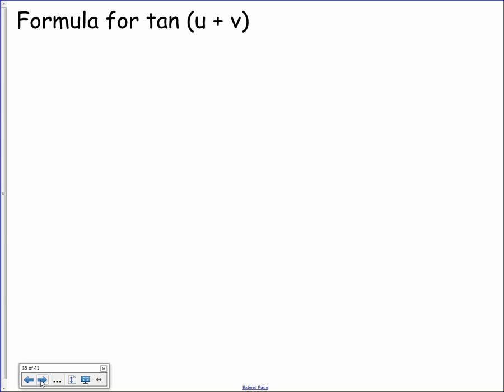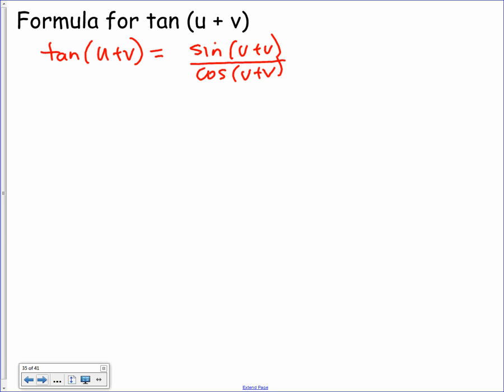What's the formula for tangent of u plus v? I'm going to say this is tangent of u plus v. And tangent is simply just the sine of that angle divided by the cosine of that angle, right? That's a u. Maybe I should give a little hook at the end of my u's to help out.